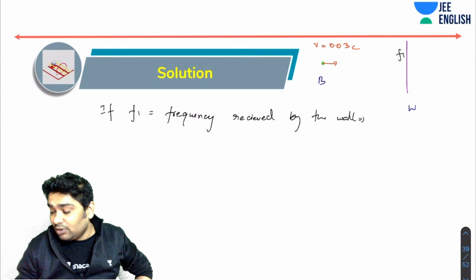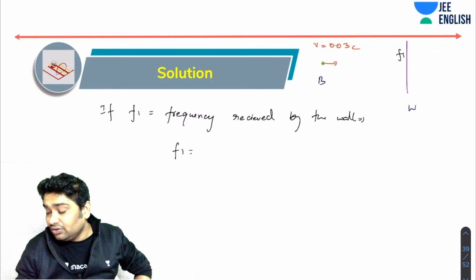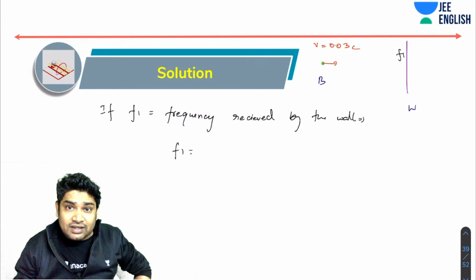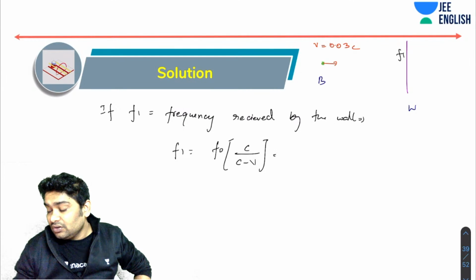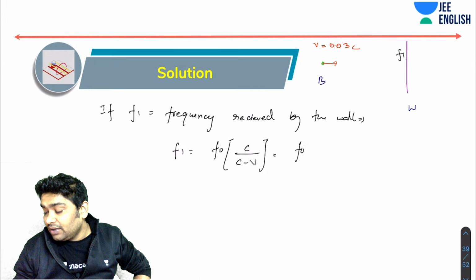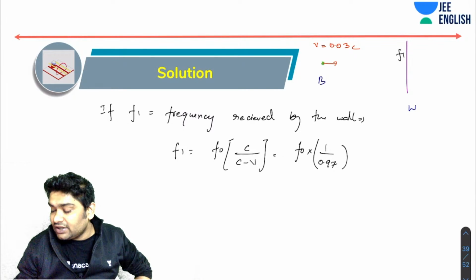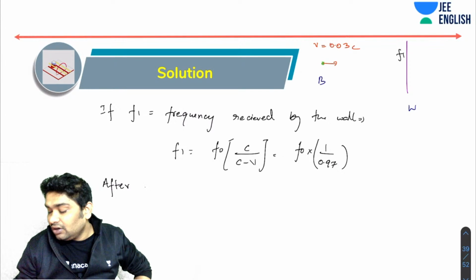Then what I can say about F1 is, for the first frequency, the bat is the source which is moving towards the wall. So F1 would be F naught times C over C minus V. Okay. So that would be F naught times 1 over 0.97.